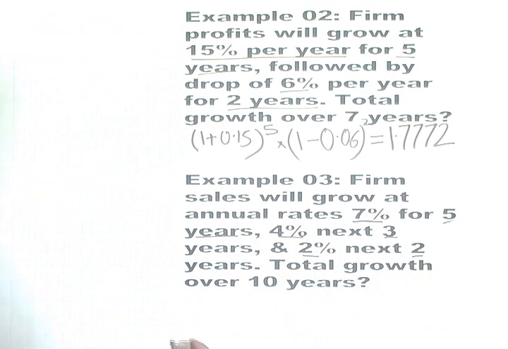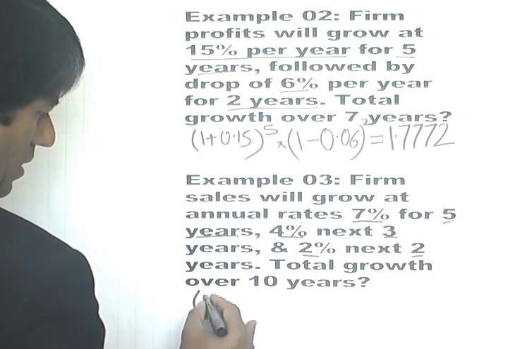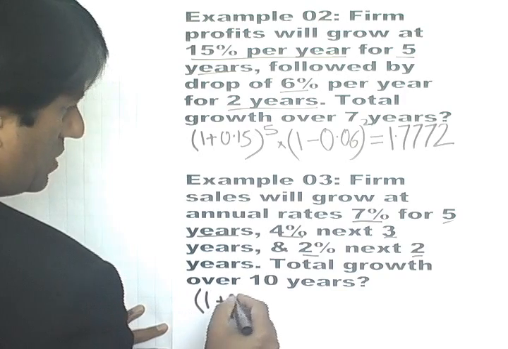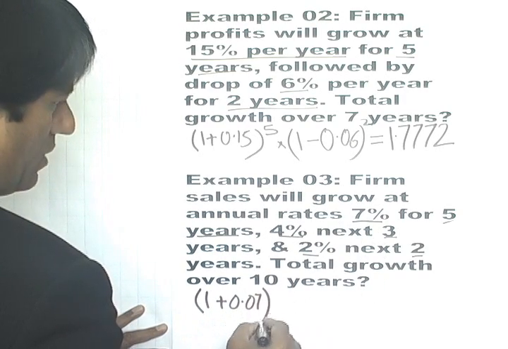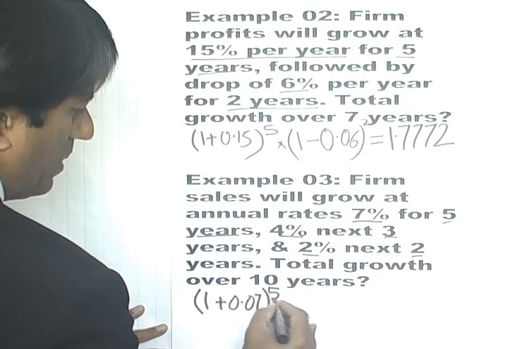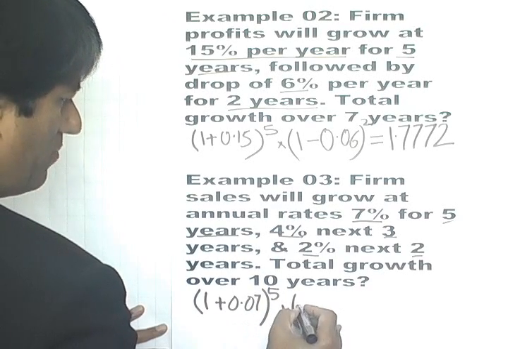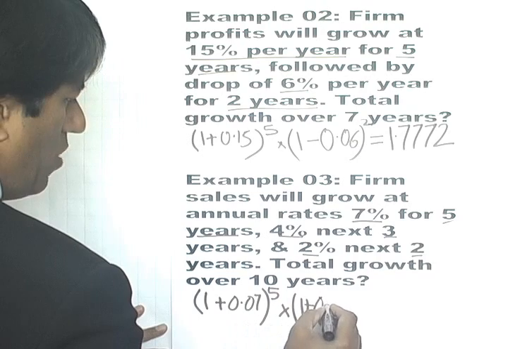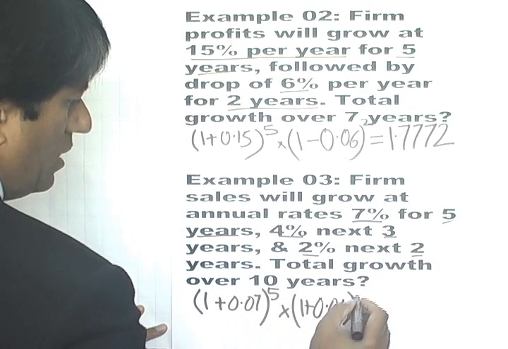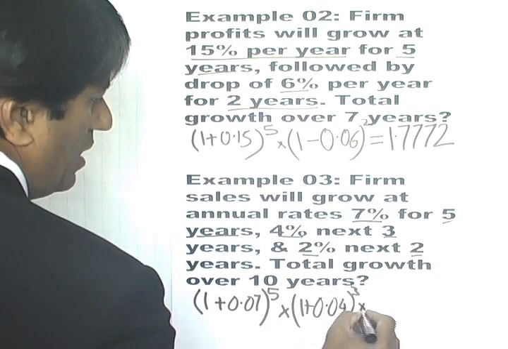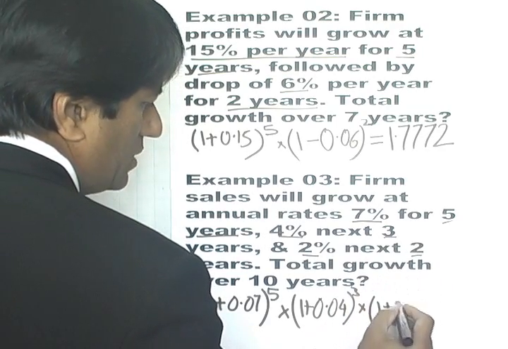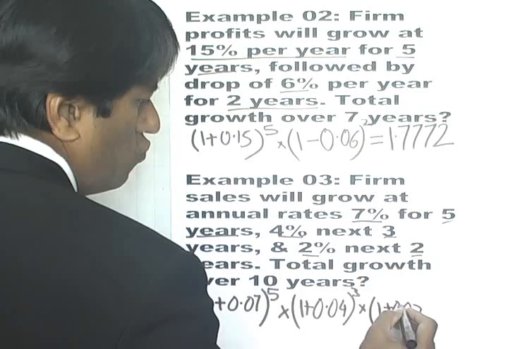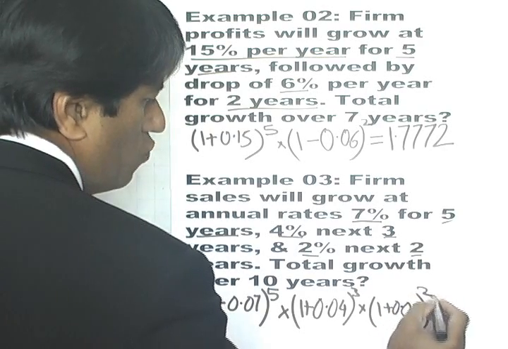So here you're going to have 1 plus 0.07 to the power 5 multiplied by 1 plus 0.04 to the power 3 into 1 plus 0.02 to the power 2.